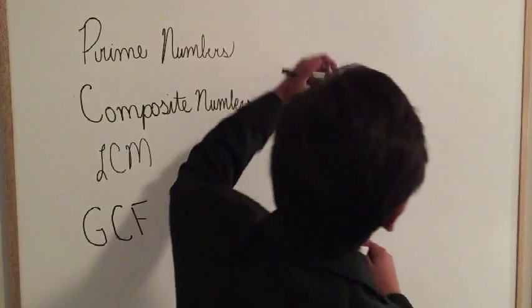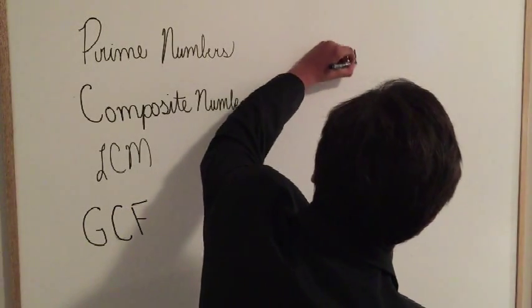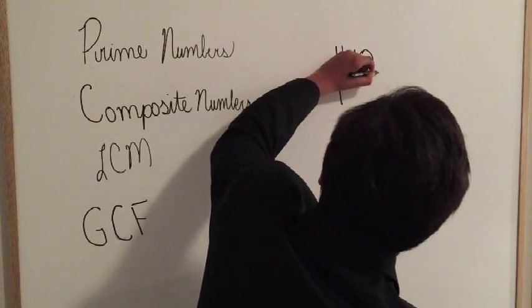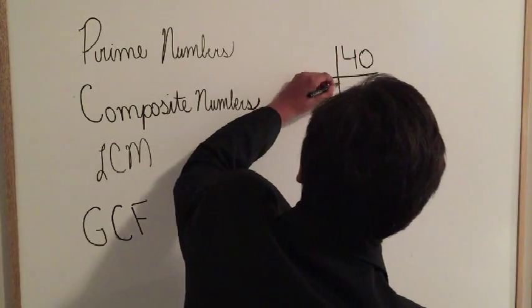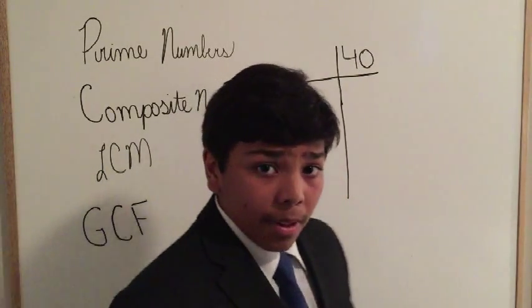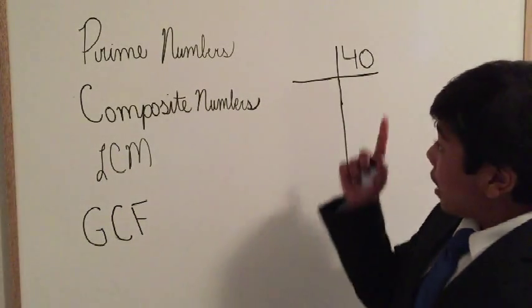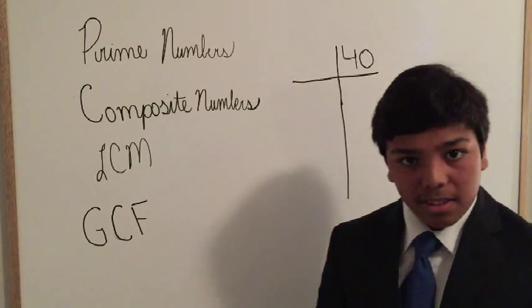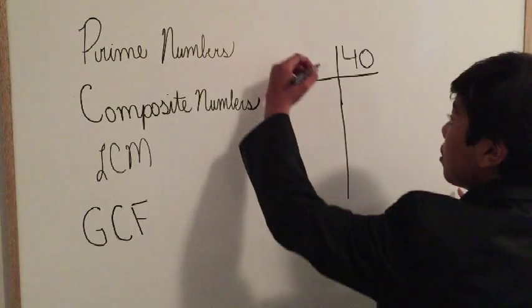Okay, so let's start off with our number, 40. And let's draw a T-chart. Okay, so let's see. The lowest prime number that can be divided in 40 is 2. So let's put our 2 on this side.